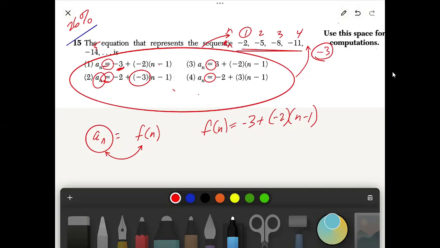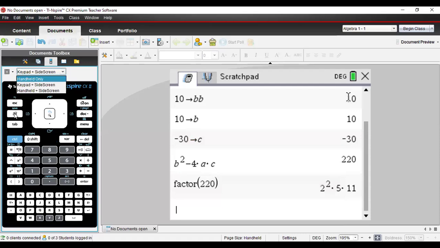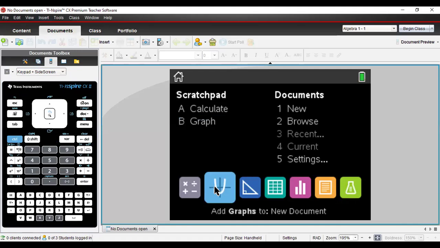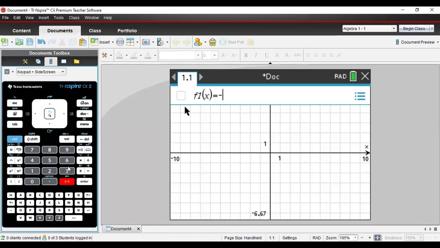So first thing, we're going to get the calculator. I'm going to use this, and I'm going to be graphing. So the very first function, I'm going to put in negative 3, plus, I'm just going to put in what I see.